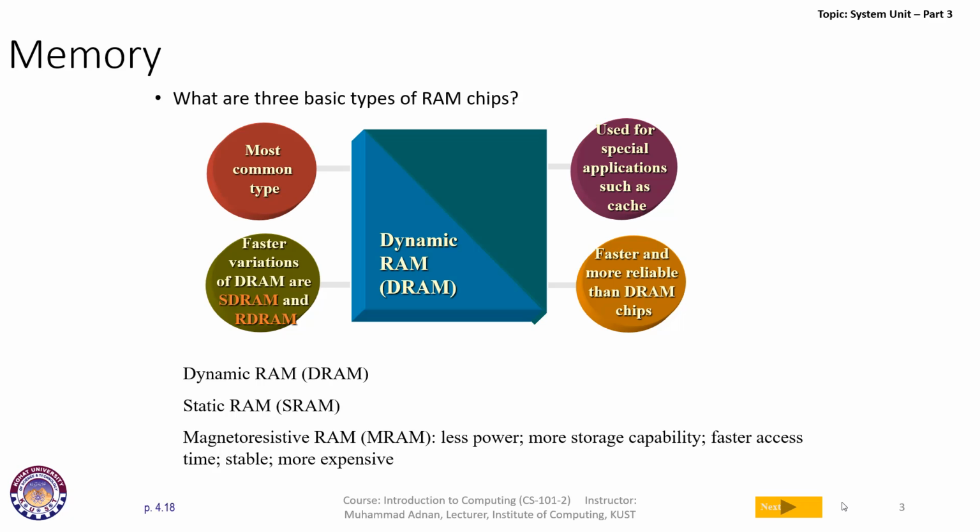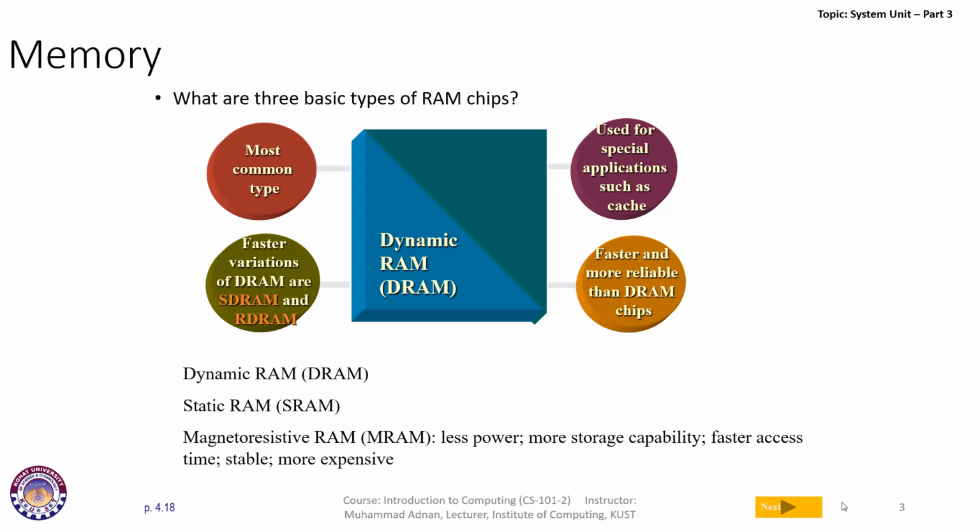Then we have a more expensive RAM called static RAM or SRAM. SRAM is faster and more reliable than DRAM, and it is commonly used in the cache memory. Cache memory is a much faster memory than the RAM, located between the CPU and the RAM. The advantage of SRAM is that it does not require recharging.